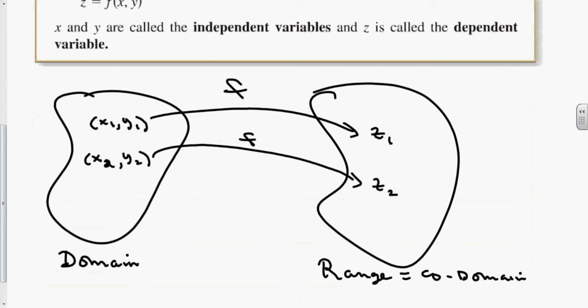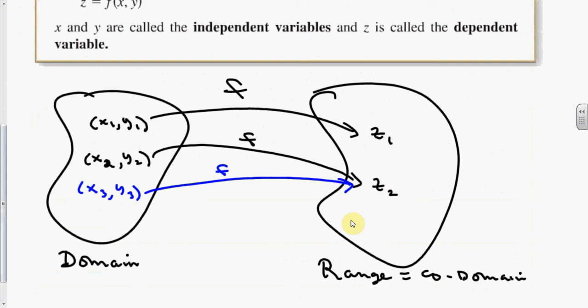So let me put this in blue. If I had x sub 3 comma y sub 3, it is possible to have this guy mapped to z sub 2. That's fine. That's still a function. But I could not have x sub 3, y sub 3 mapped to a z sub 2 and also a z sub 3 at the same time.